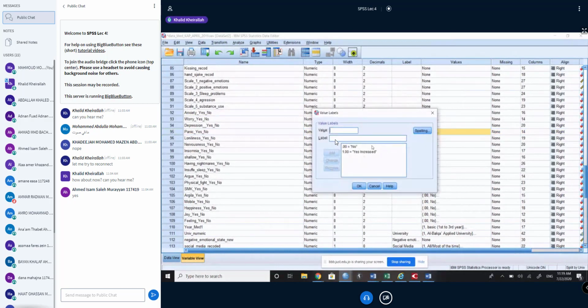Panic attack, 0 is no, 1 is yes, increase. So I'm predicting, or I'm finding the odds of developing the 1. So I'm finding the odds of having an increased level of panic.